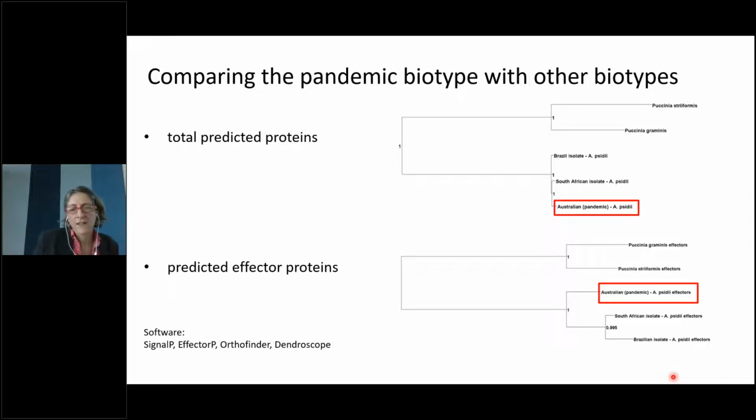So what we're doing now is some downstream work from that, comparing the total predicted proteins across biotypes of the rust. When we look at an analysis of a Brazilian isolate compared to a South African isolate and our one in Australia, we can see the total predicted proteins are fairly similar. But when we look at just the effector proteins, we can see some variation here.